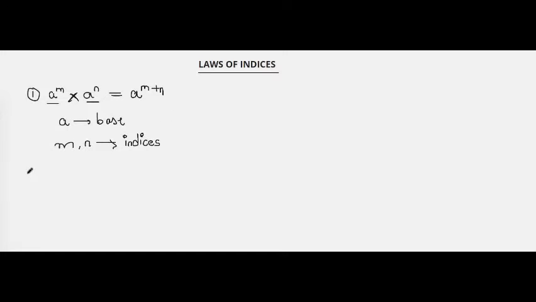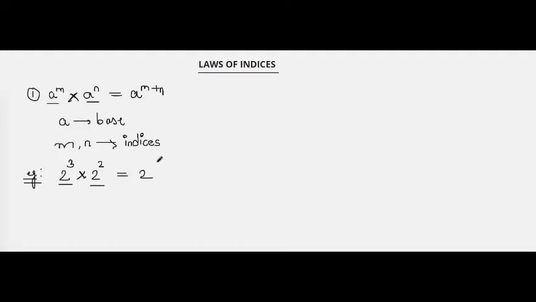Let me show you an example here. 2 raised to 3 times 2 raised to 2. We have to check the bases first. Are the bases same? Yes. So we are going to write the same base here. And is there a multiplication? Is there a product in between? Yes.